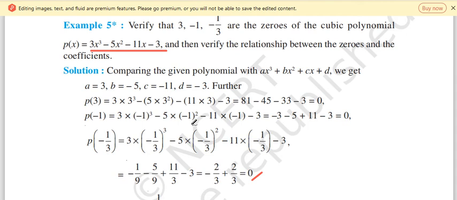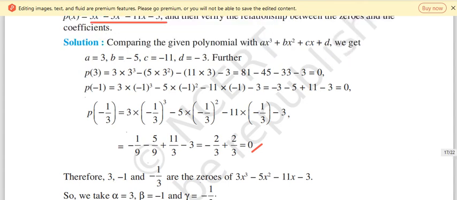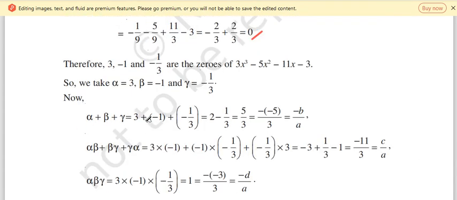Then the sum of the three zeros is 5 by 3, that is minus b by a, then c by a, and minus d by a.